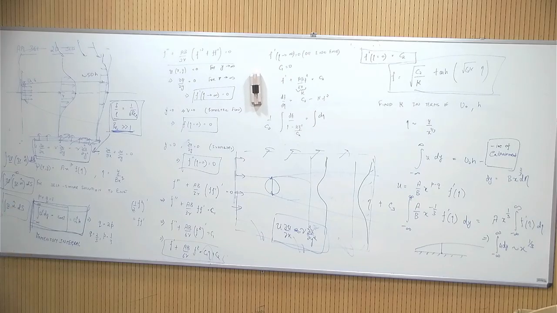If I say what is the reason we are able to use self similarity, physically, I have absolutely no explanation why self similarity works here. Mathematically, I can offer an explanation. Physically, I cannot.